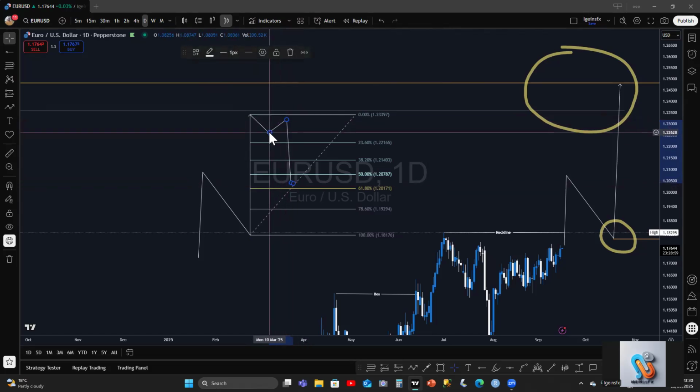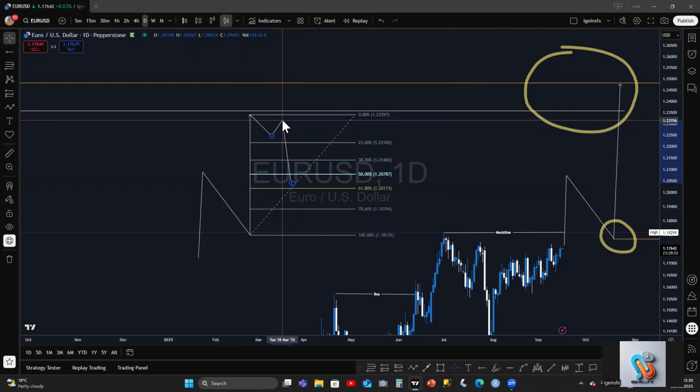You want to make sure price pushes below 50%. Or at most, let price touch this 50%. That is the real pullback that is healthy.